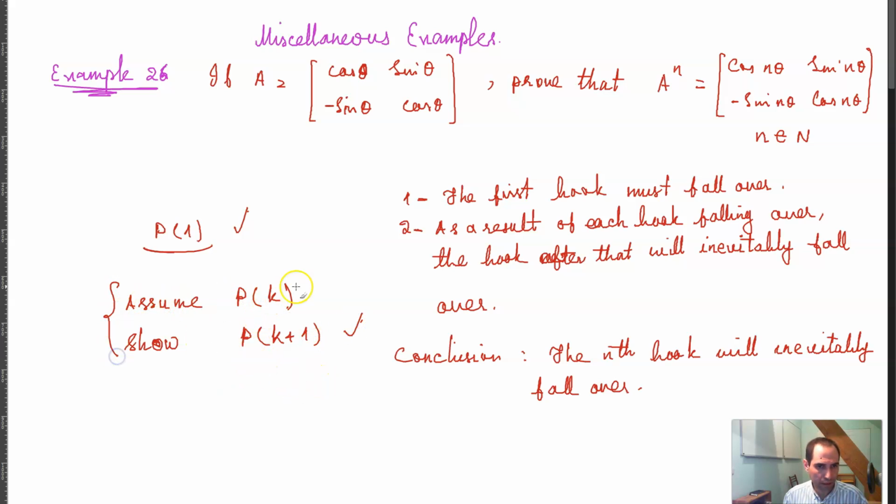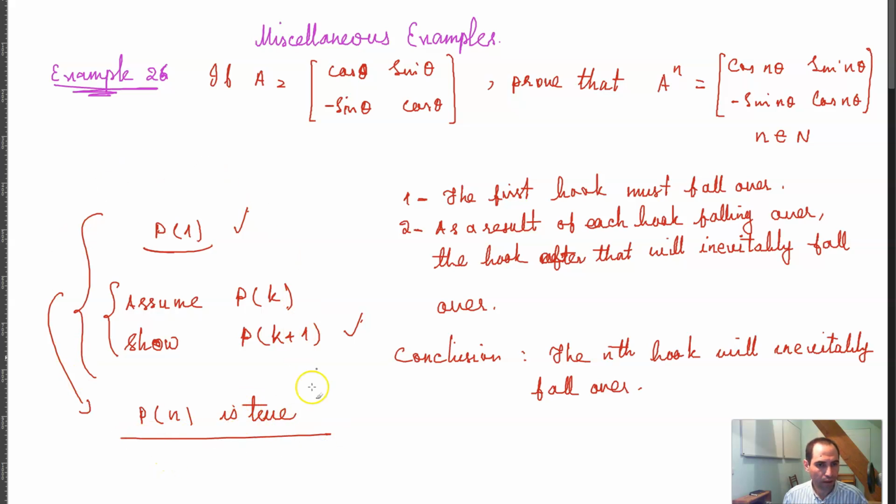This means that for any book falling over, the book after that will inevitably fall over. And I've already shown that the first book has fallen over. From this, I can conclude that P of n is true.